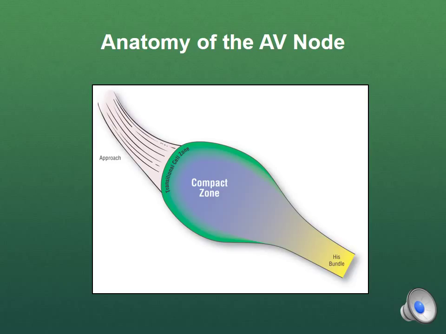Then as it leaves the AV node, it goes down into the bundle of His. We're going to talk about the rhythms that arise in these locations.